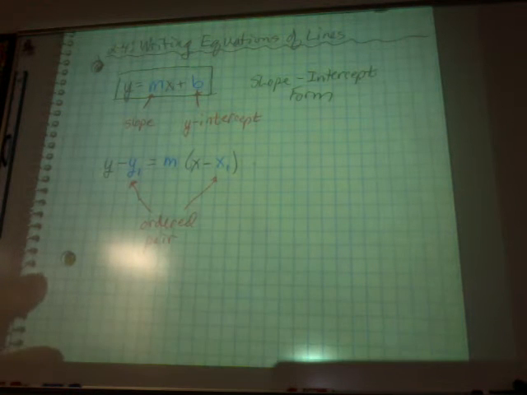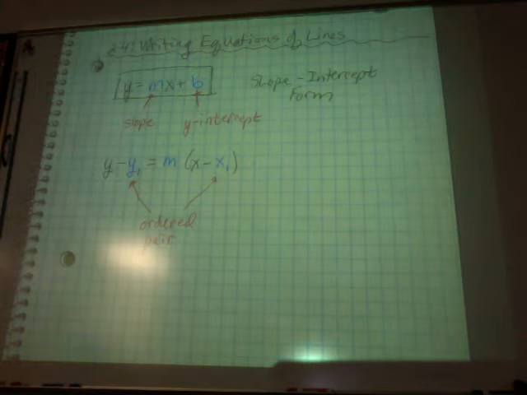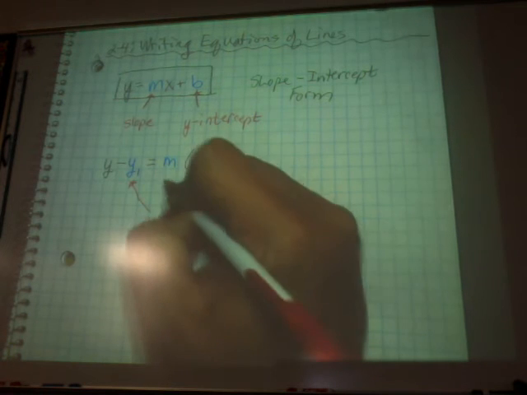So on 2-3, when you're told that your line passes through this point, that's your x sub 1, y sub 1. It's any ordered pair that's on the equation of that line. It could be the y-intercept, it could be the x-intercept, it could be any other point. There's an infinite number of values that they could give you for just one ordered pair. And then, of course, this is your slope.